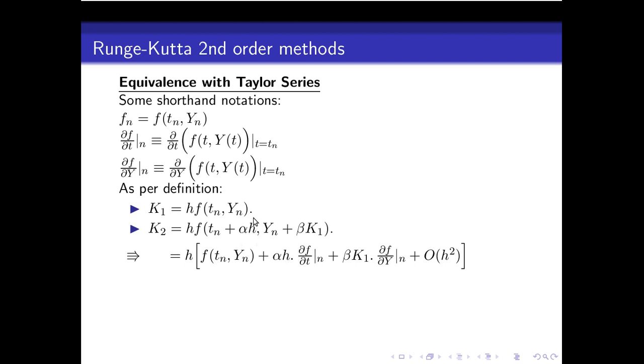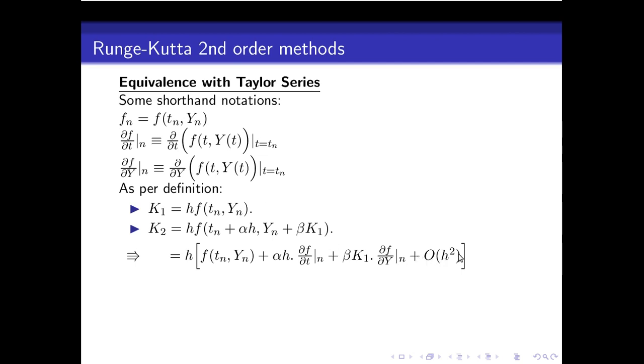Since the increment of t is alpha h, this increment comes here, and the partial derivative with respect to t is taken at t equal to tn. And then the increment along y is beta k1. Therefore, the second term will be beta k1 into del f del y at n, the partial derivative with respect to y, and then we have order of h square.